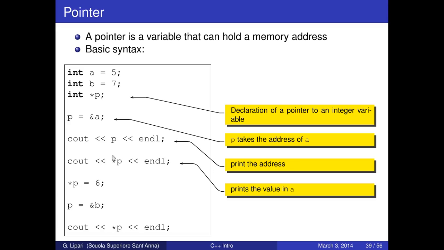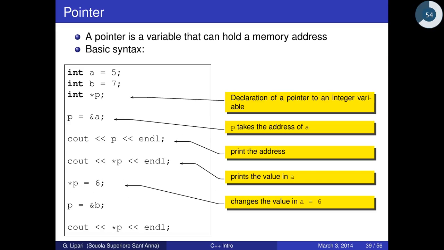We can also use star p to the left of an assignment. So star p equal to 6 means that in the address pointed by p we write value 6. So now variable a is equal to 6.